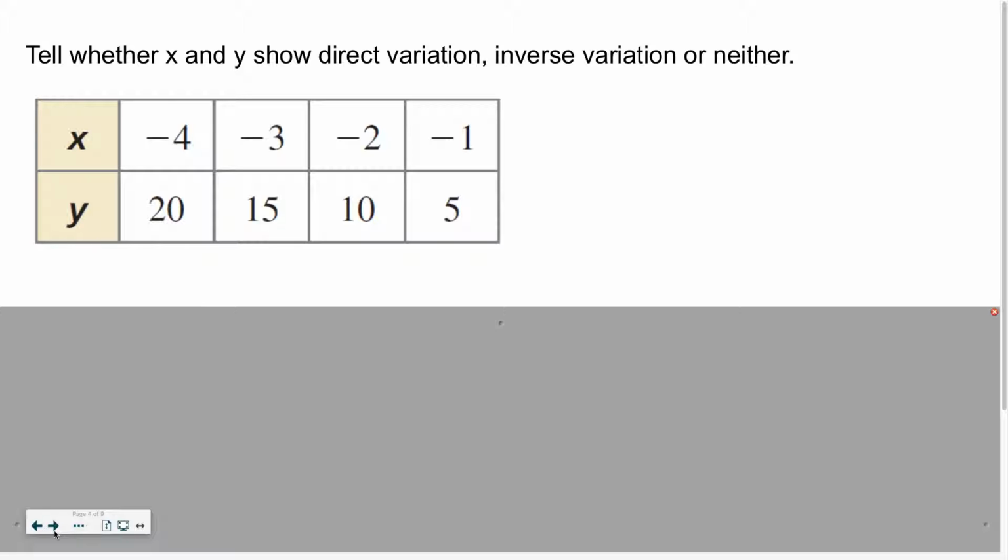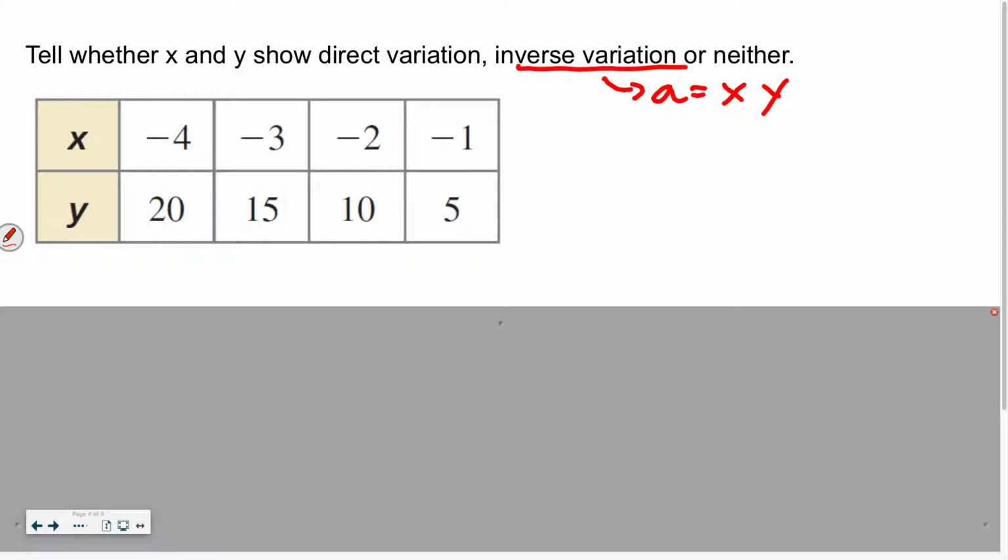Okay, if I am presented with a table of values, this is when I like to use that whole A equals piece, which you have to remember is kind of the opposite of what you think. When variables vary inversely, their constant A is equal to the product of x and y, because then y equals a over x.